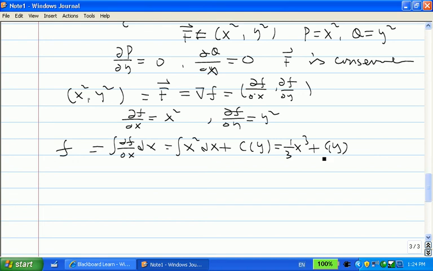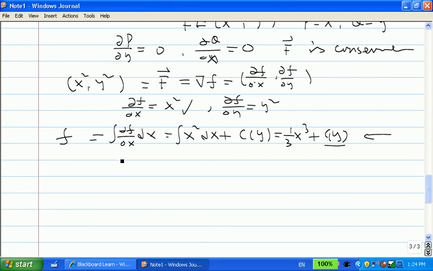For any c of y, this f will satisfy the first equation. You can check that by taking the partial derivative, and you are going to see the first equation is satisfied.